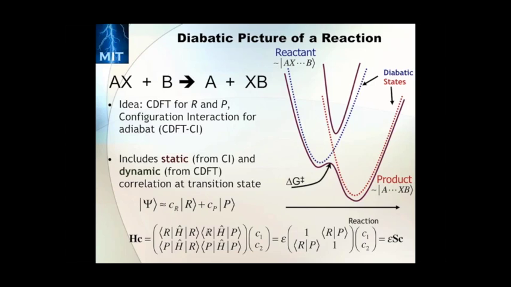And so when I compute matrix elements between reactant and reactant, reactant and product, and product and product, I'm inherently computing the interaction between these configurations, and then the key step in any CI procedure is finding an eigenvalue of the matrix. And so I have a matrix here, and I find its eigenvalues, or at least its generalized eigenvalues. In that sense, that's why we call it CDFT-CI, because it has this configuration interaction feeling to it at the end. But we're not using a CI calculation to, say, build the DFT or anything like that.